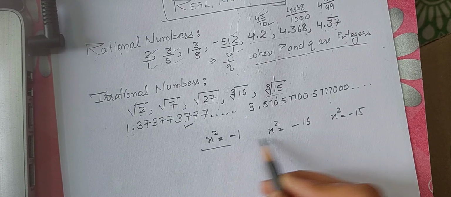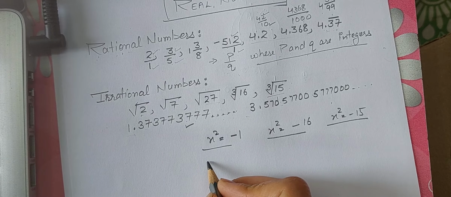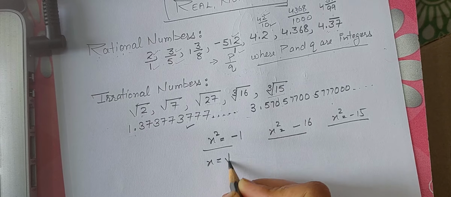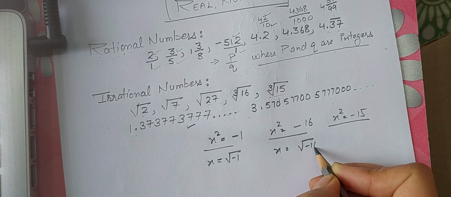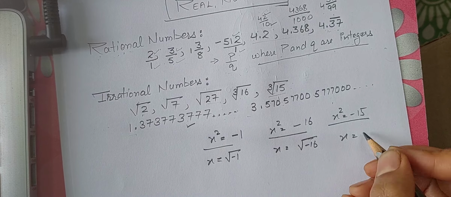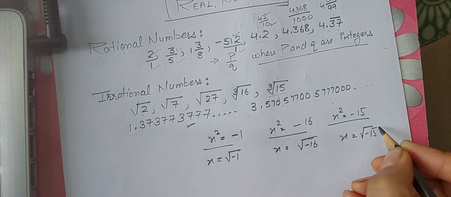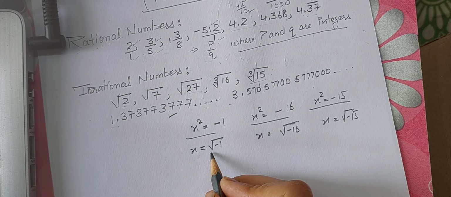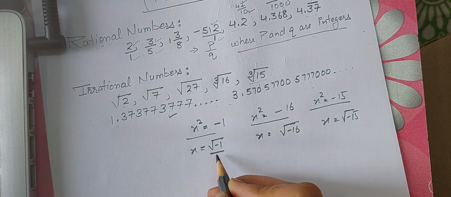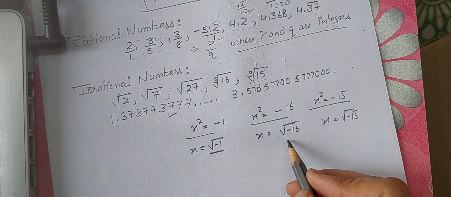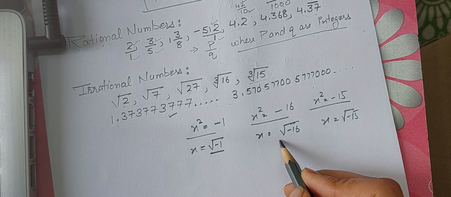So what are these numbers? If this is so, what is x? X is root of -1, x is root of -16, and x is root of -15. So do you think this number exists? Square root of -1, is there any number like this? Where will it be on the number line?